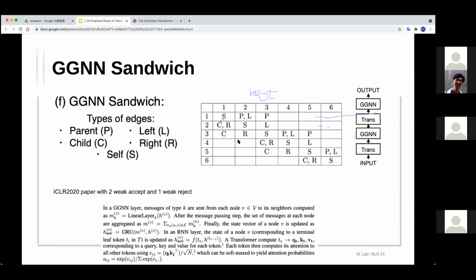And this is GGNN. I'm not very familiar with the GGNN because this actually uses the GRU in the graph neural network. No, GRU is not a graph neural network. GRU is just that you apply the GRU in GNN.